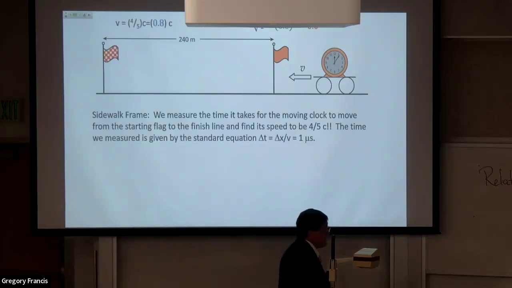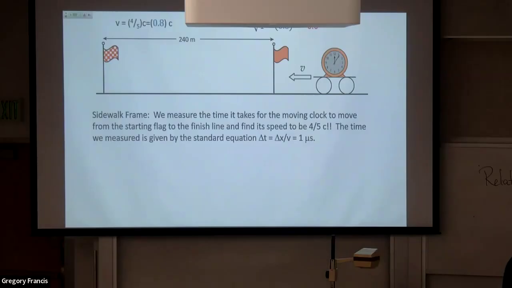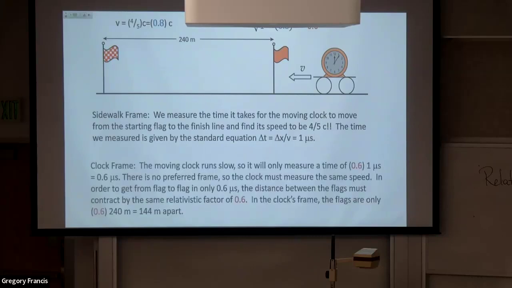Now, for 80% of the speed of light, 4/5 the speed of light, the relativity factor is 60% or 0.6. So we would say that that moving clock runs slow. So whereas we measure that it takes 1 microsecond to get from flag to flag, we look at their clock and we say, hey, it's not going to take as many seconds.